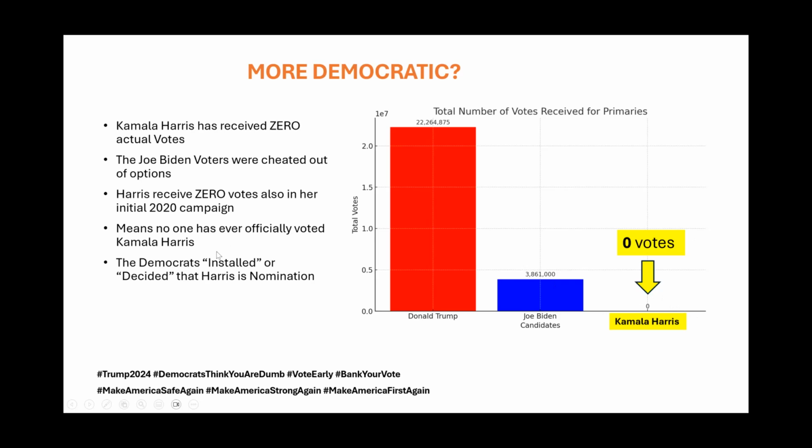No one has officially ever voted for the Democratic system installed Vice President Harris into the situation and said she is the nominee. The voters for Biden have been robbed and cheated of their choice. We don't believe that's a democratic process. She's the nominee. Where's the democracy?